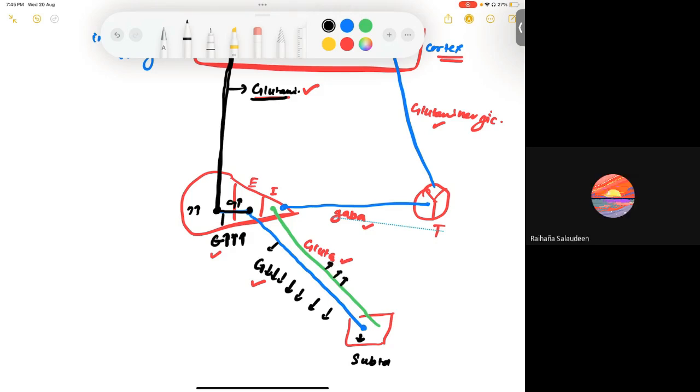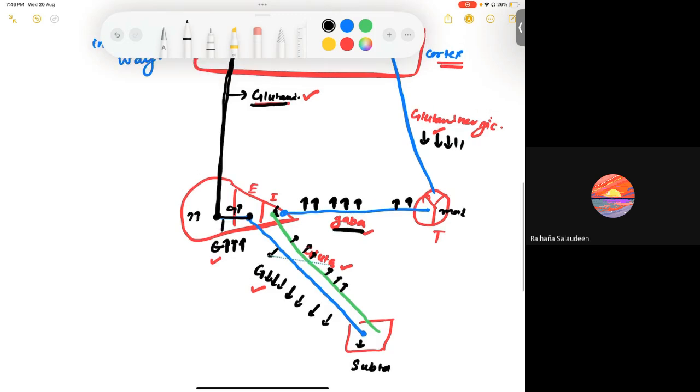More glutamate, right? We are exciting this nerve a lot, so the GABA here is going to be a lot. This GABA basically is going to cause more inhibition, so the glutamate here is going to be really less.